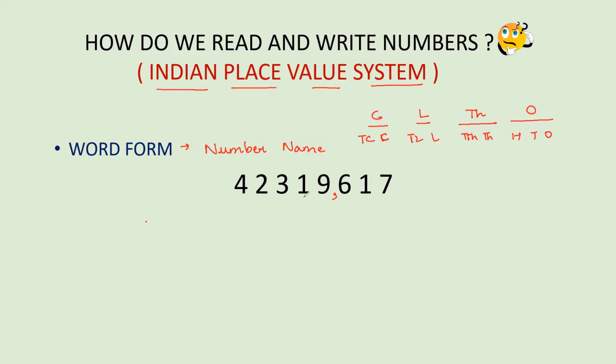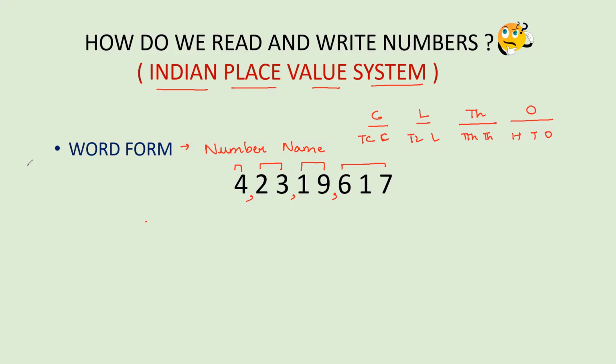So we leave 2 numbers, put a comma showing that the period changes from thousands to lakhs now. Lakhs have 2 places. So we leave 2 places, again put a comma showing that the lakhs changes to crores now. So we have 4 groups over here. Group 1 of ones, group 2 of thousands, group 3 of lakhs, and group 4 of crores.